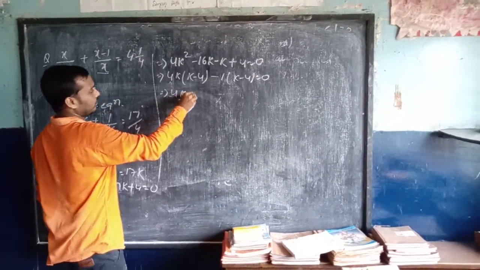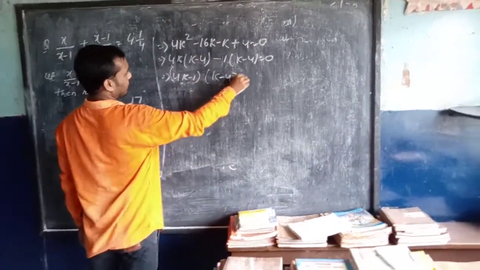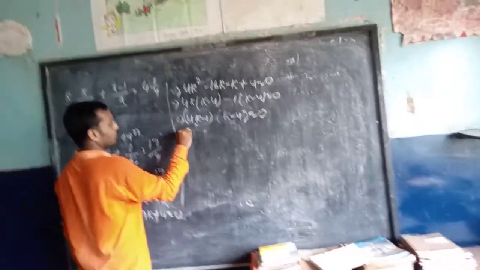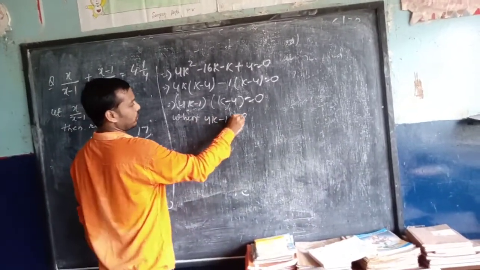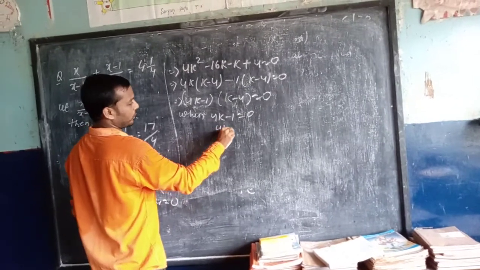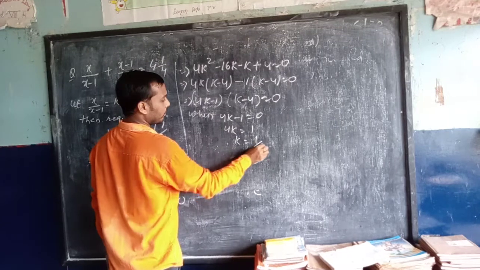So 4k minus 1 and k minus 4 equal to 0. When 4k minus 1 equal to 0, we have 4k equal to 1, k equal to 1 by 4.